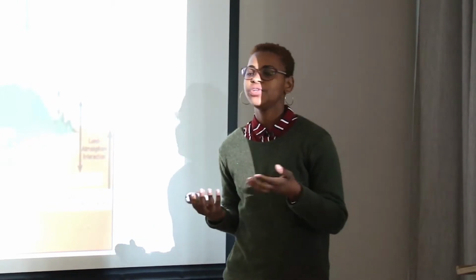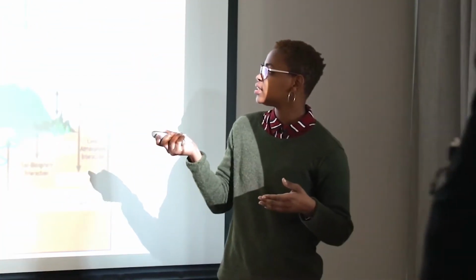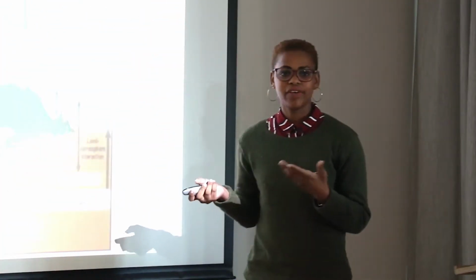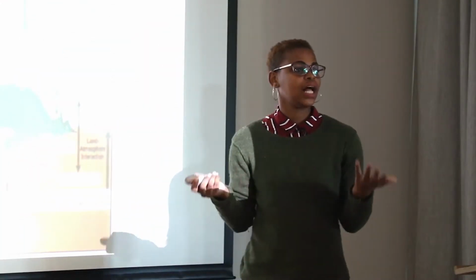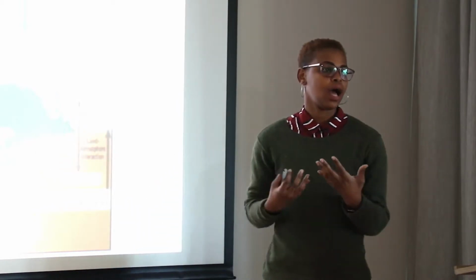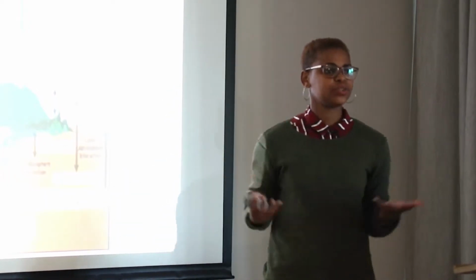Our main source, as we know, is the sun, and whatever amount of radiation we receive from the sun will ultimately influence all the things that happen within our climate system. For example, we have different areas within our globe.